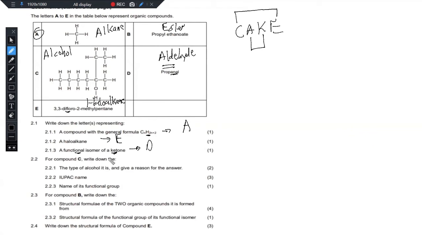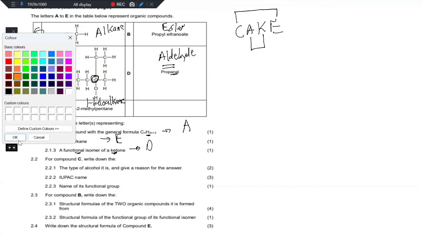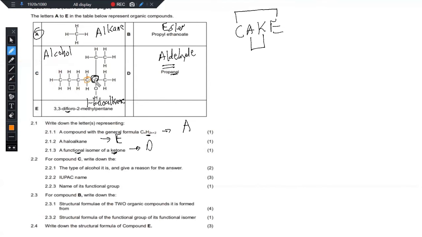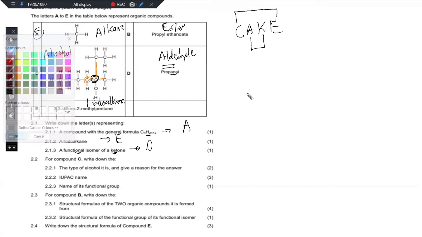For compound C, they say write down the type of alcohol it is and give a reason for the answer. So we go to C. Remember, when they're talking about type of alcohol, they're asking is it a primary, secondary, or tertiary alcohol? So all you have to do is come in here to the carbon that is attached to the OH and count how many other carbons it is attached to. Looking at this, we can see that the carbon that is bonded to the OH group, or the hydroxyl group, is bonded also to 3 other carbon atoms. So which makes it a what? A tertiary alcohol.